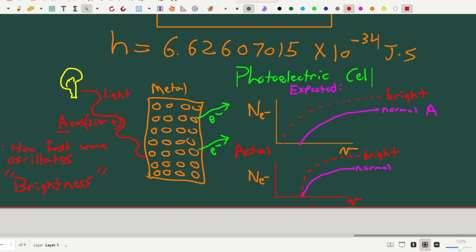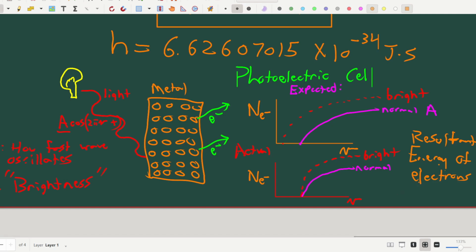So the result of this is that the resultant energy of the electrons is not proportional to brightness, but is rather proportional to frequency. So it's proportional to frequency, not amplitude.